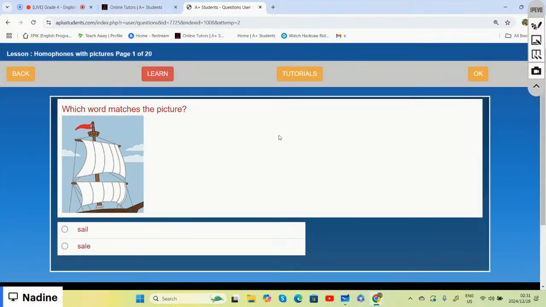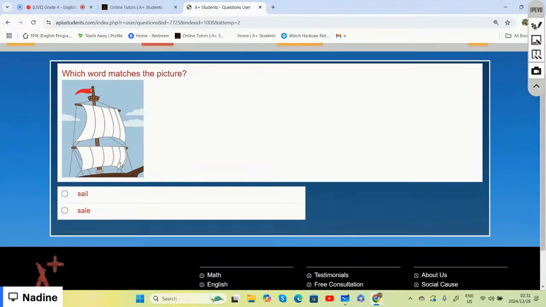So you're going to look at the word that matches the picture, right? So we need to identify the word that matches the picture. So if we look at this picture over here, which word matches the picture? Is it option one, sail, which is SAIL, or option two, sail, which is SALE? Which one is correct?